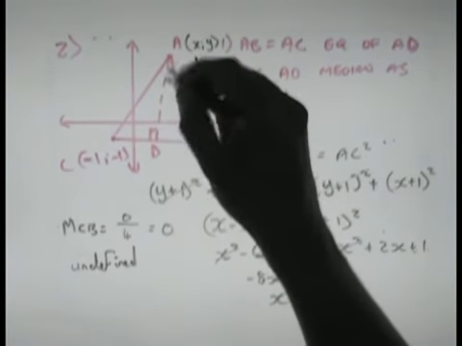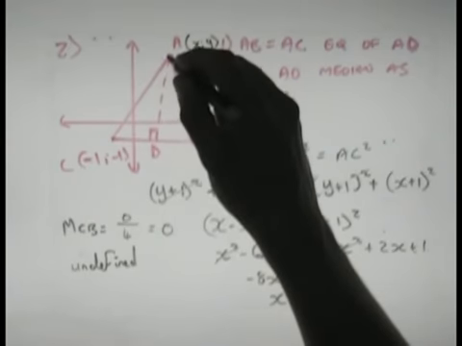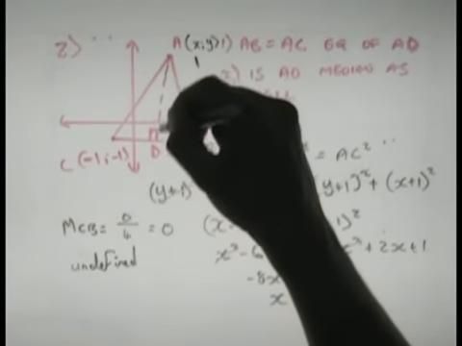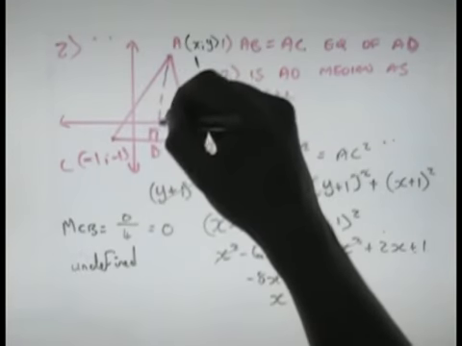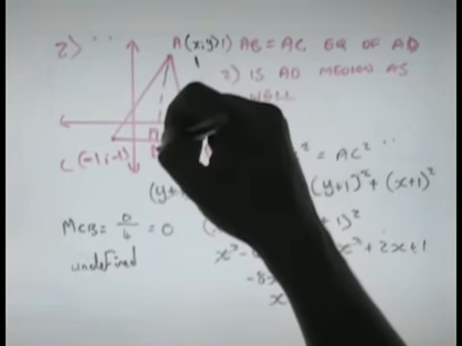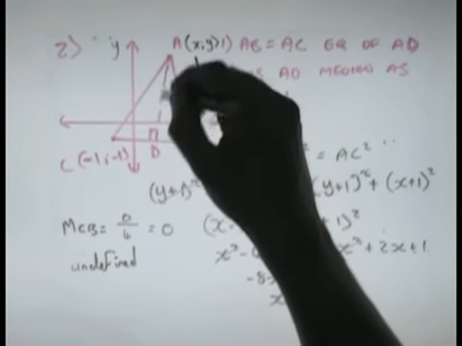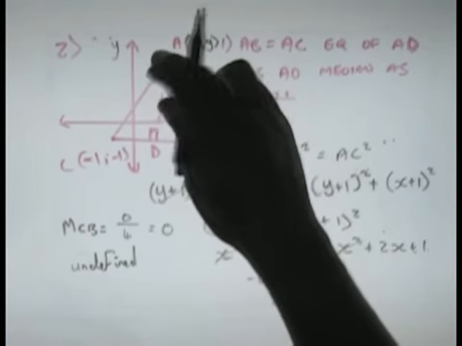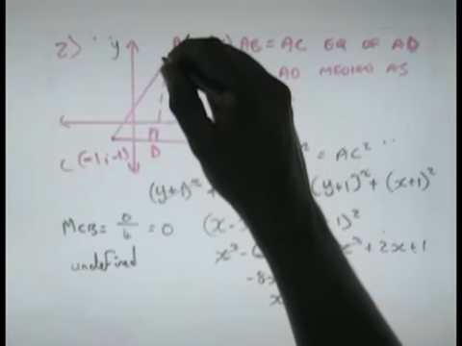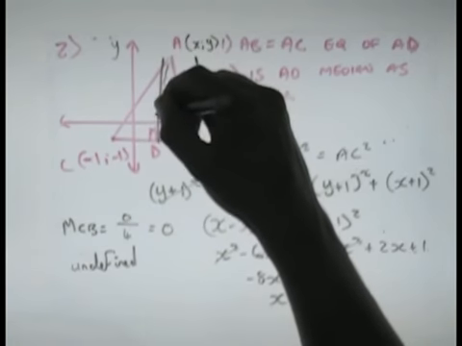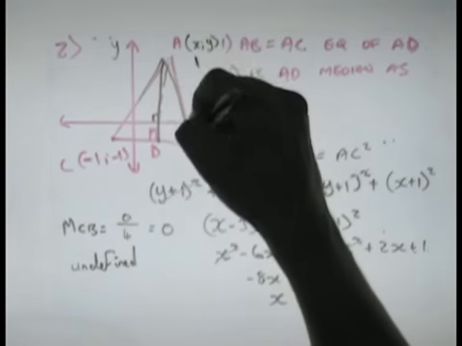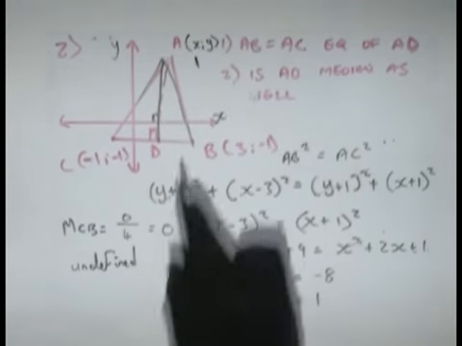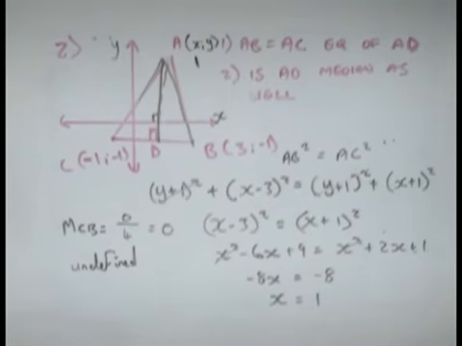That doesn't mean we can't get the equation of AD. All it means is that AD is a perpendicular line, perpendicular to the x-axis, or rather parallel to the y-axis. That means that I drew my graph a bit wrong. It should rather look like that, and it's perpendicular there because I found that my gradient is undefined for AD.